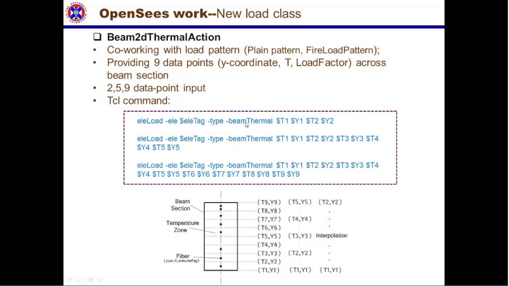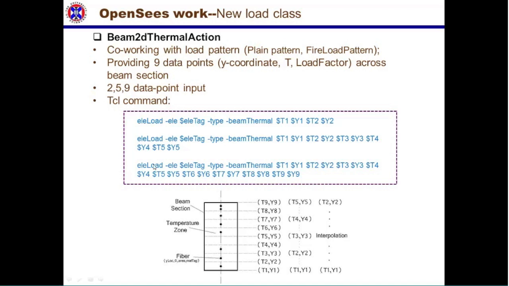So if you just want to use a linear temperature gradient, or maybe just a uniform temperature, you can use only 2 data points, and 5 data points gives maybe a more detailed temperature distribution along the section. And actually you can definitely use the 9 data points.